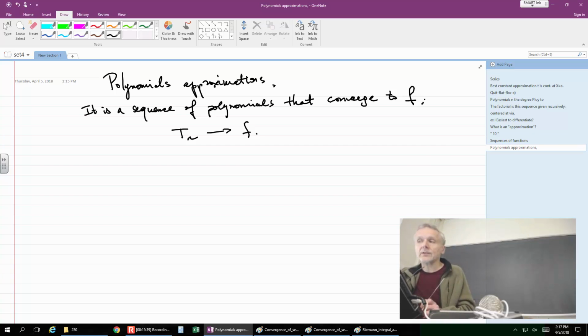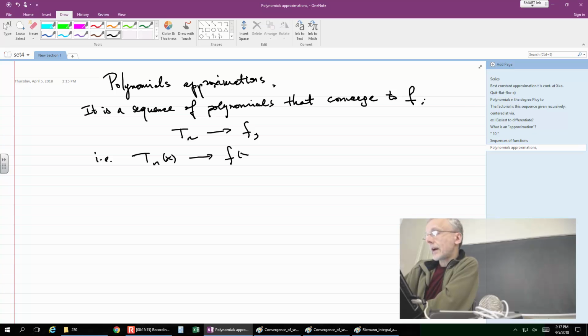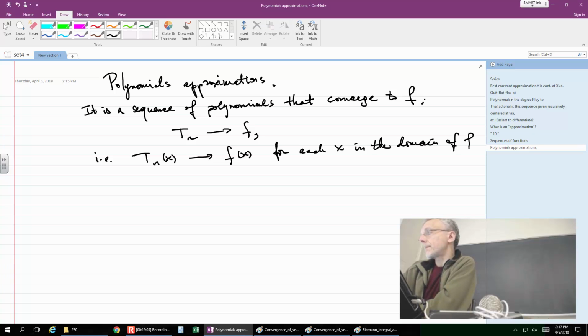Okay, so that's the way we're going to start over. There's just a sequence of polynomials converging to f, and now let's investigate what that means. And there are profound consequences. So this means simply that Tn(x) converges to f(x) for each x in the domain of f.